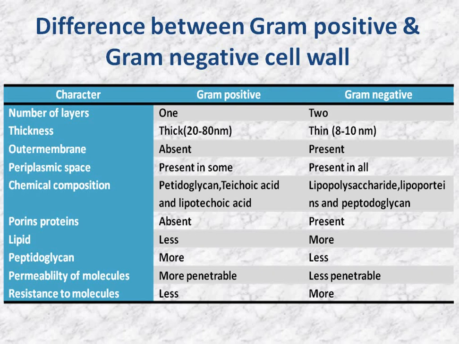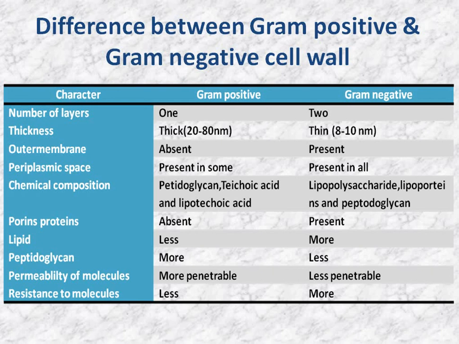And the composition of the outer layer of gram-positive is peptidoglycan. It also consists of teichoic acid and lipoteichoic acid. But in gram-negative, the outer membrane is made up of lipopolysaccharides and lipoproteins, and inside that outer layer there is a peptidoglycan.